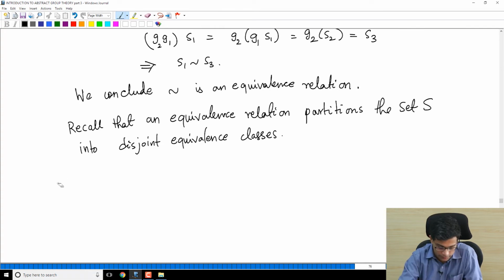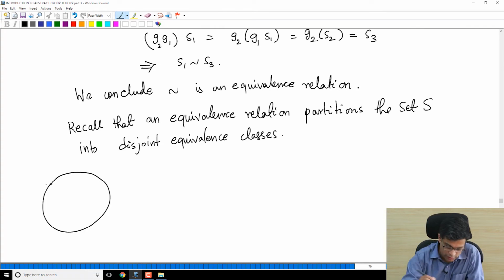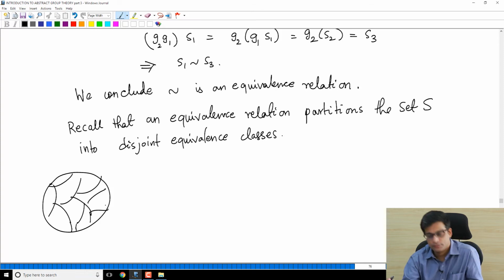When I did equivalence relations and when we talked about cosets in a group, I did this in detail, so let's not repeat that again. But an equivalence relation partitions a set into disjoint equivalence classes. You take some element and you look at all elements that are equivalent to it. That's an equivalence class.